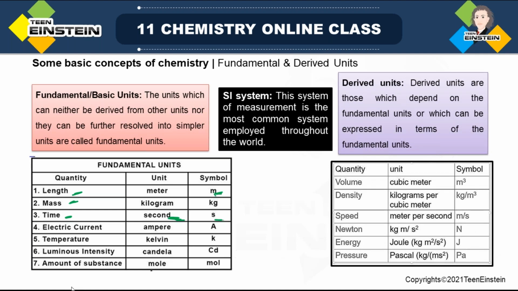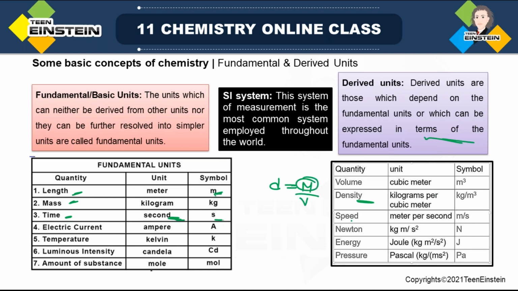What about derived units? Derived units are obtained from other units, that is, a combination. They depend on the fundamental units, or can be expressed in terms of the fundamental units. See what examples we have. Suppose we have density. Density is mass per unit volume, that is m by v.